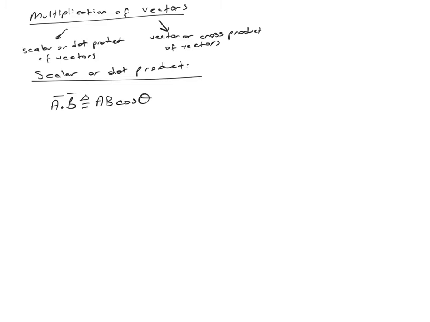Theta is the smaller angle between vectors A and B. This bold point represents the dot product operation, and this sign represents the equal by definition statement. And as I said, this angle theta is the smaller angle between the vectors A and B.